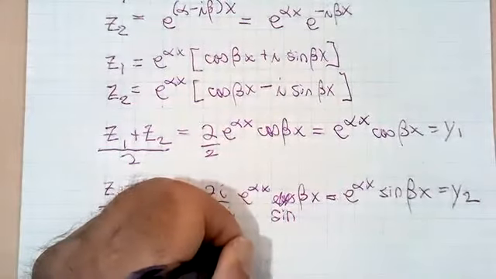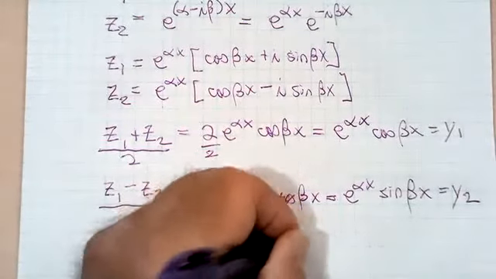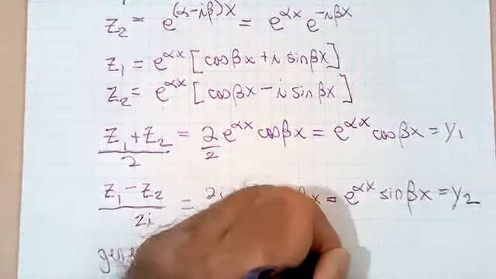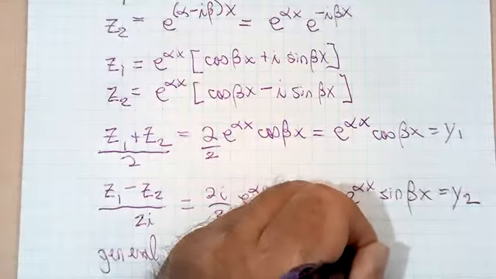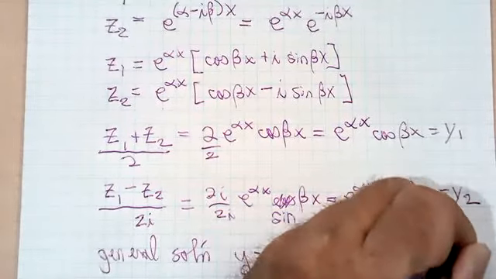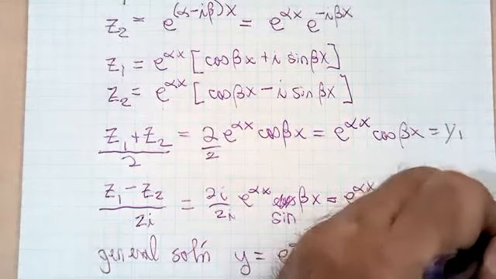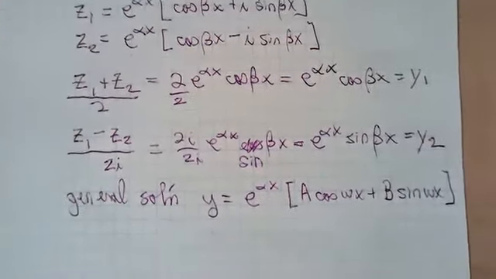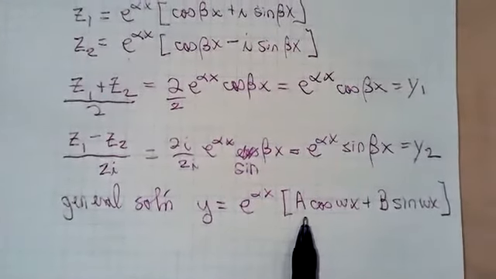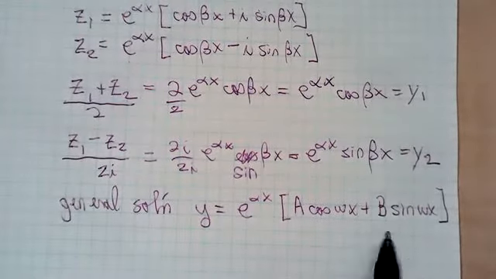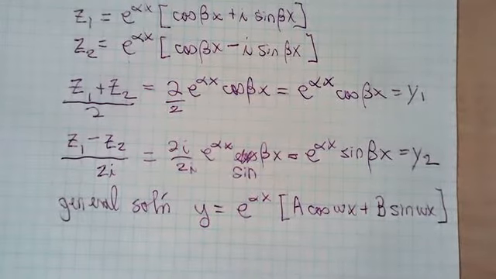If you clean that all up, it looks like this: y equals e to the alpha x times the quantity a cosine omega x plus b sine omega x. And a lot of times, people want to know, how come you're using A and B? Up to now, you've always made your constants C1 and C2.